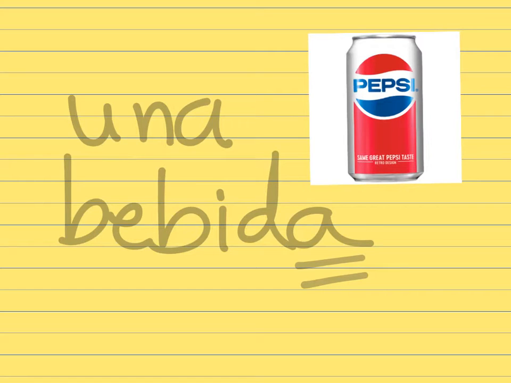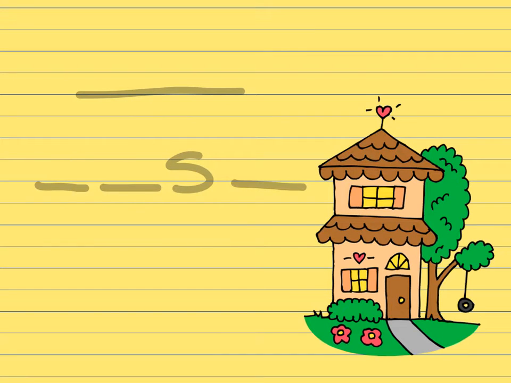We have a beverage, which would be una bebida. And for a house, that is correct. It is una casa. Now it's your turn. What would a house be? Hopefully you wrote una casa.